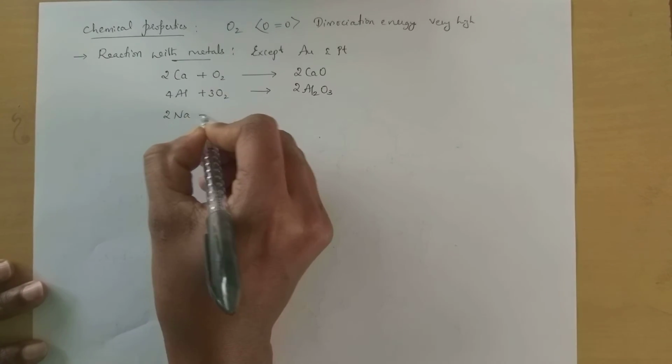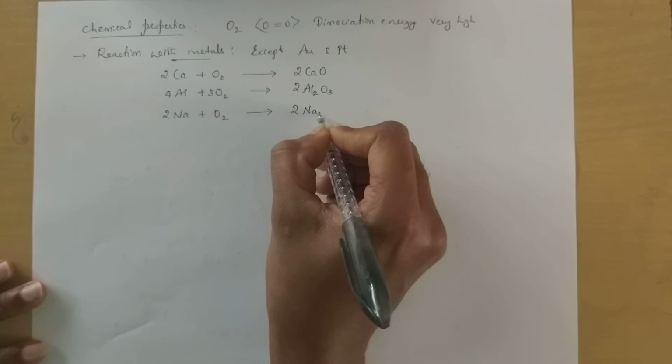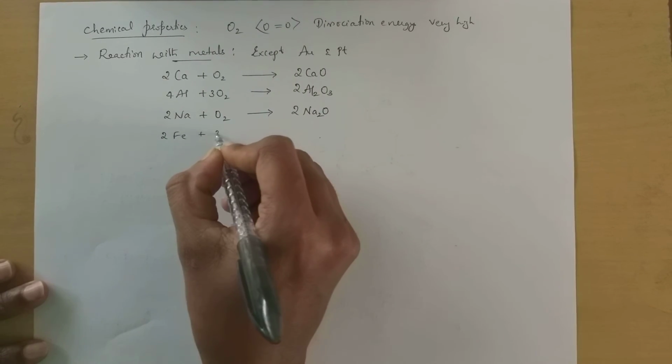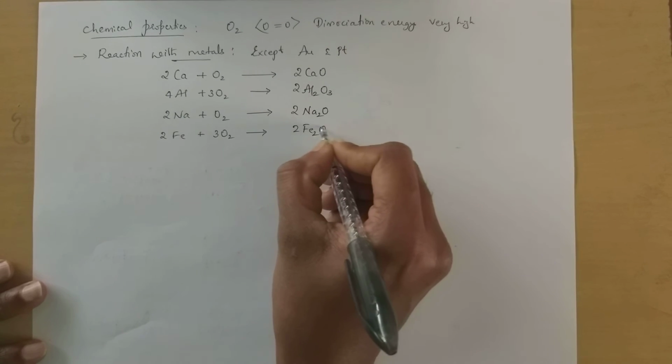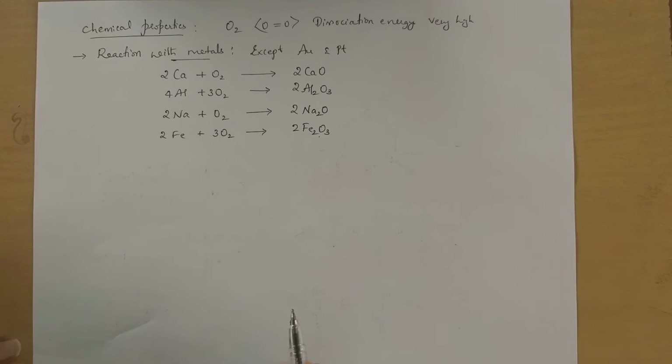Sodium reacts with oxygen to form sodium oxide. Iron reacts with oxygen to form iron oxide, Fe2O3. Like this, respective metals react with oxygen to form respective oxides, except gold and platinum.